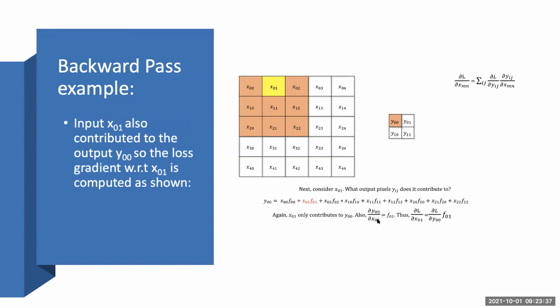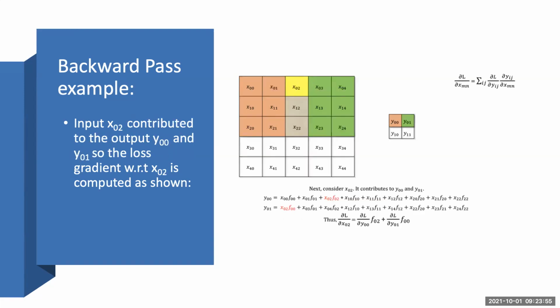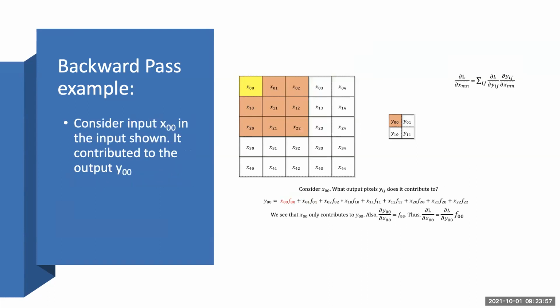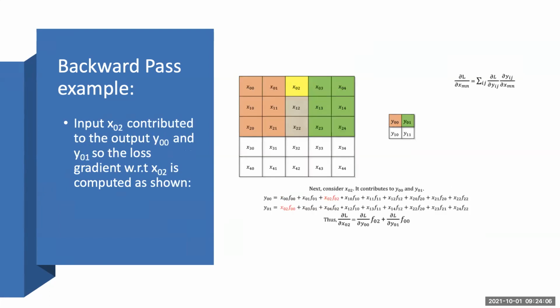That's the same way you step through all the other elements of X, and then you look to see how many times each X element contributes to the output. In this case, in the first 2 cases, they only contribute to the first output. X00 contributes to the first output, X01 contributes to the first output.